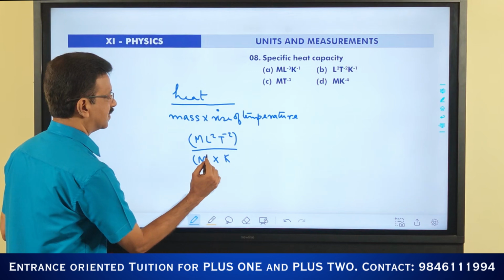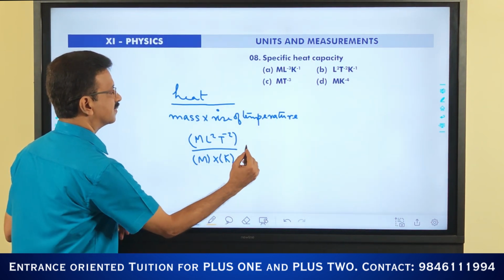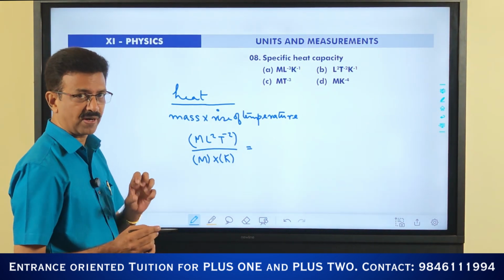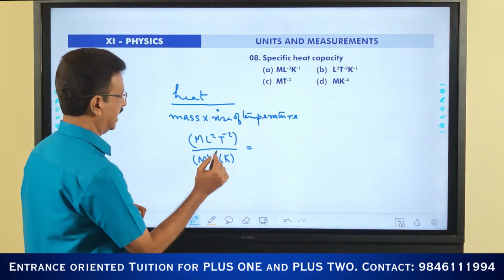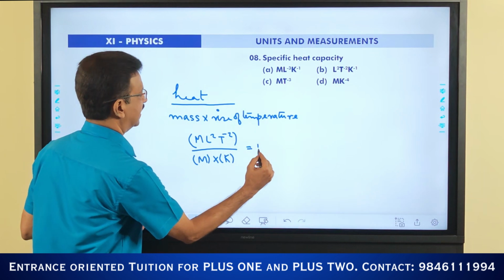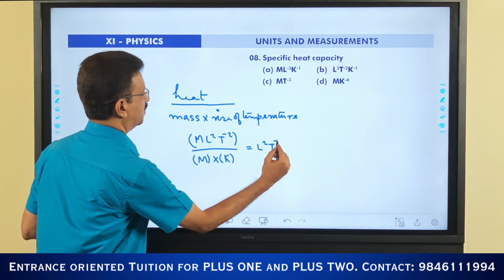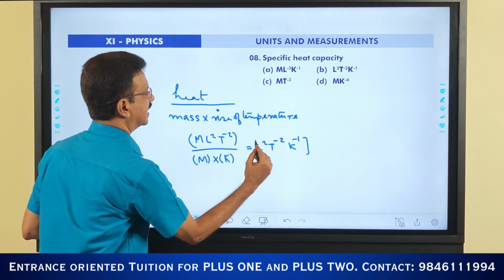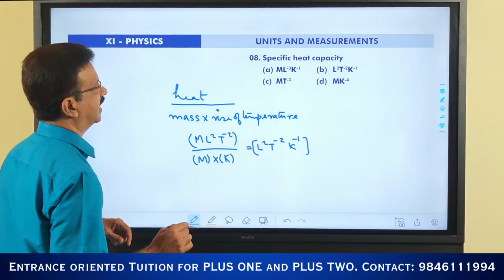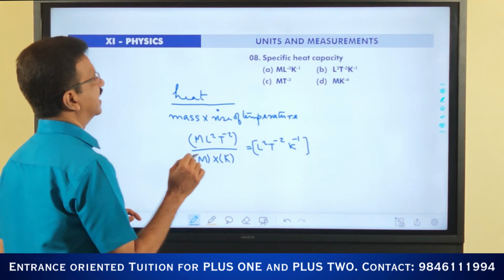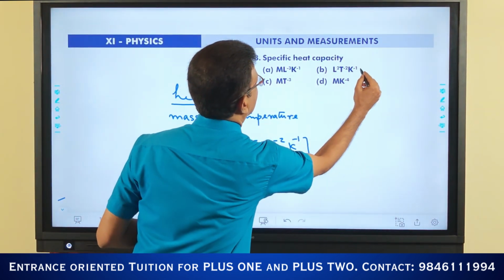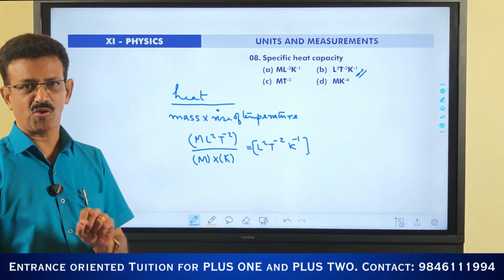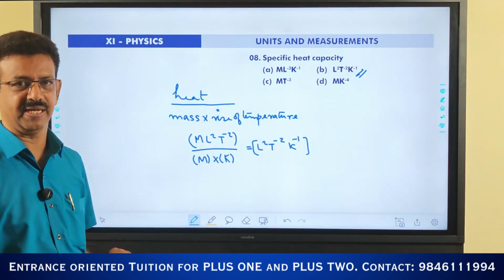Now, simplifying, the dimensional formula of specific heat capacity becomes M cancels, then L square T raised to minus 2 K raised to minus 1. This is the dimensional formula of specific heat. L square T raised to minus 2 K raised to minus 1. B choice is the dimensional formula of specific heat capacity.